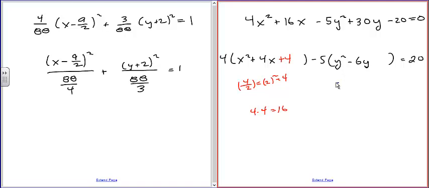Over here, we take negative 6 divided by 2 squared. So we have negative 3 squared, which is positive 9. So we add 9. But really, we have negative 5 times 9, which is negative 45. So really we're subtracting 45.